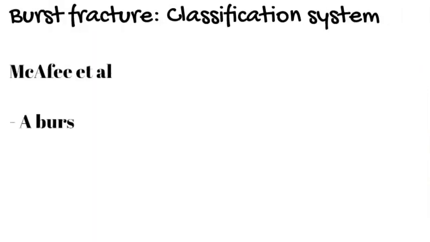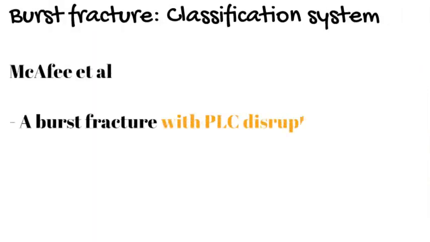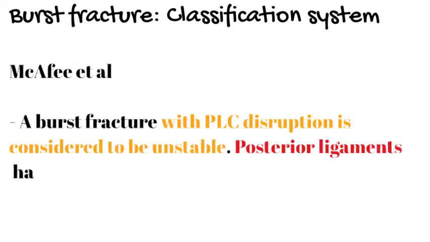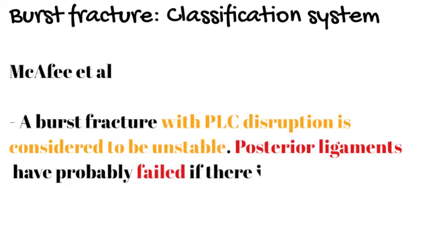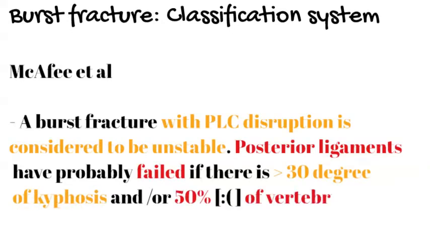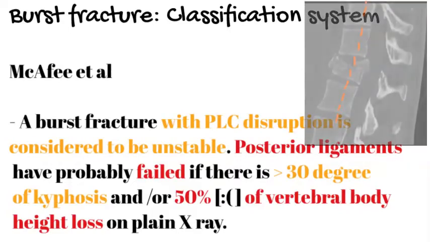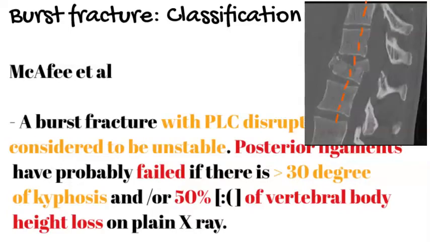Continuing from McAfee et al., a burst fracture with PLC disruption is considered to be unstable. Posterior ligaments have probably failed if there is more than 30 degrees of kyphosis and or 50 percent of vertebral body height loss on a plain X-ray. To confirm PLC disruption, MRI is suggested.